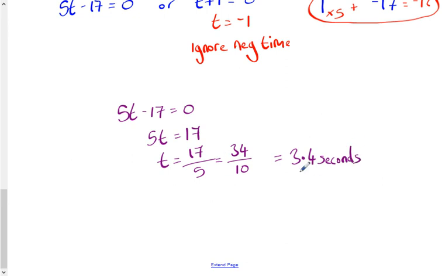Like I said, you could leave that as 17 over 5 if you want to. That's just a thought there, since the fraction is quite nice and easy for it. So we get 17 over 5 seconds. Make sure your seconds look nice and distinct from your fives.